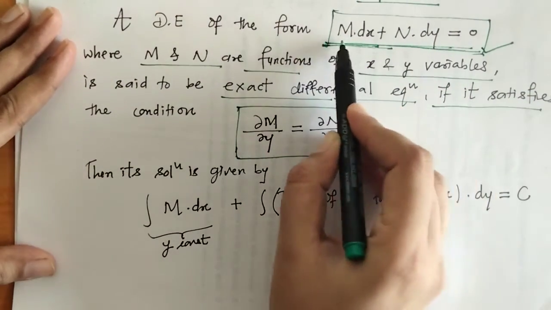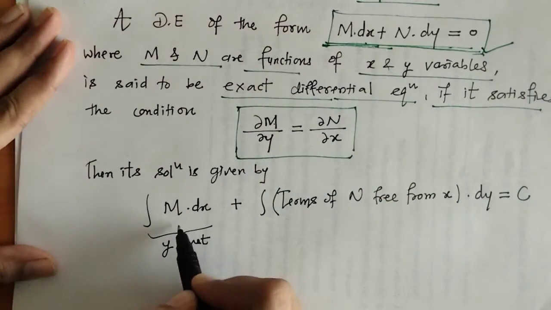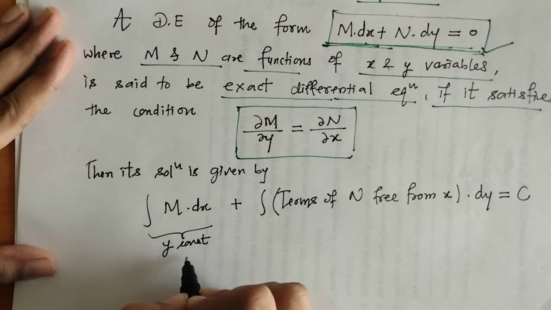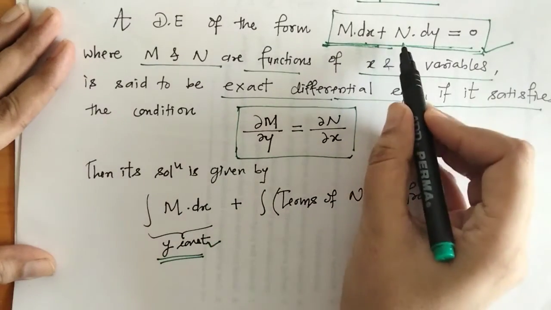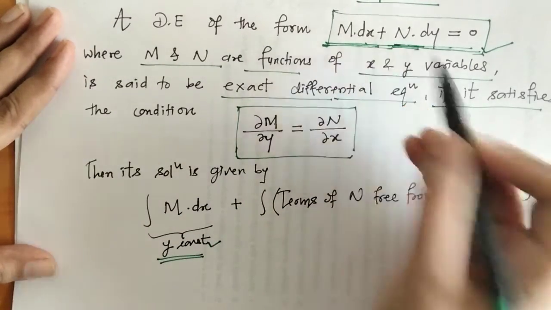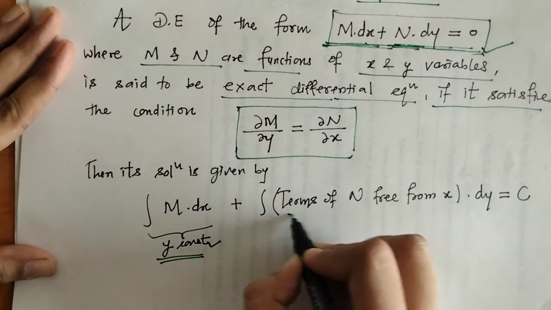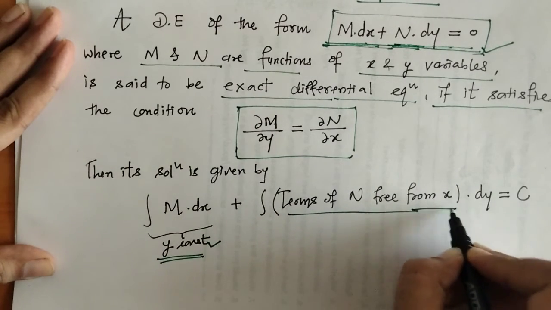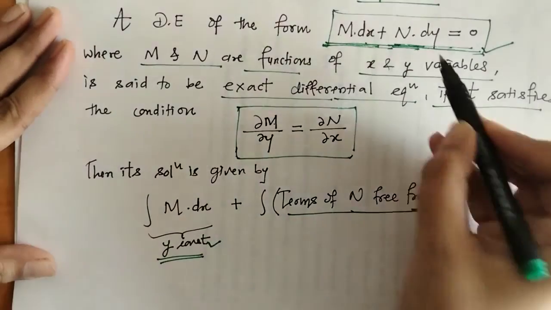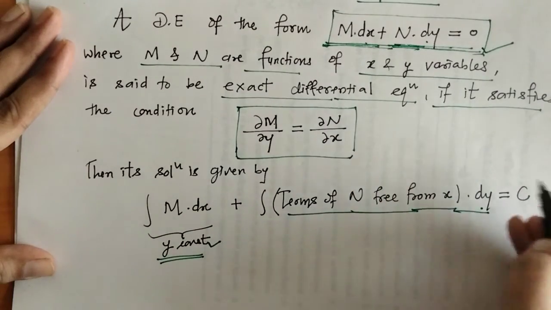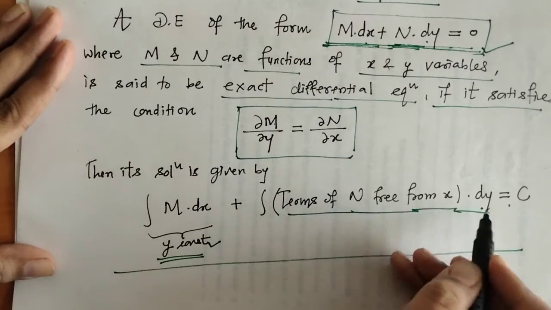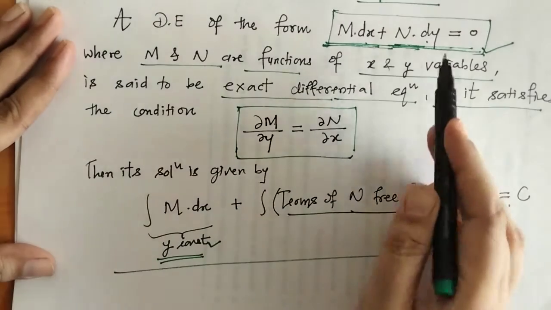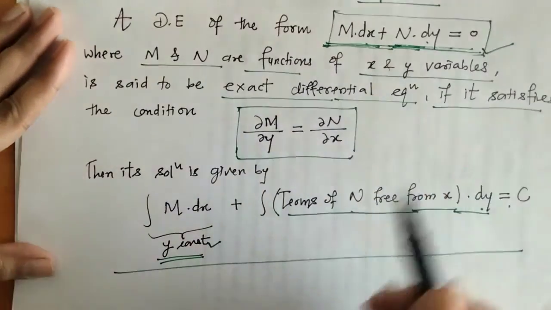We have to take the integration of M with respect to x, keeping y as a constant, plus the terms of N which are free from variable x, integrated with respect to y, equal to c. So this is the solution for this exact differential equation, right?